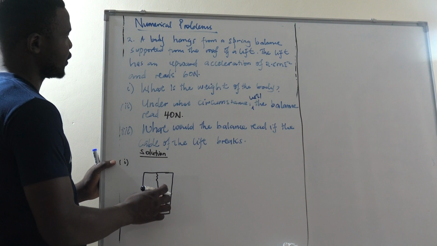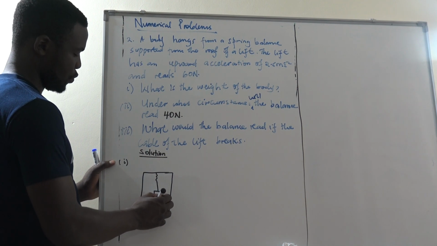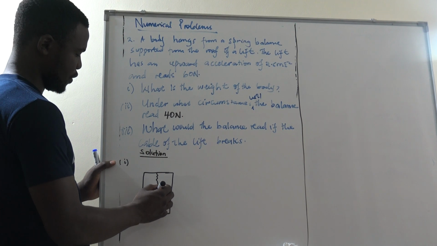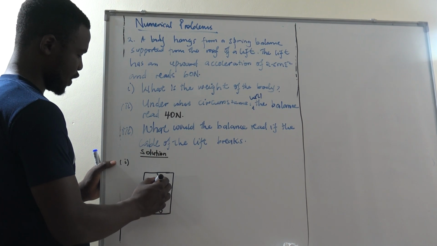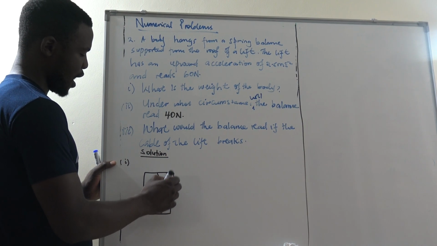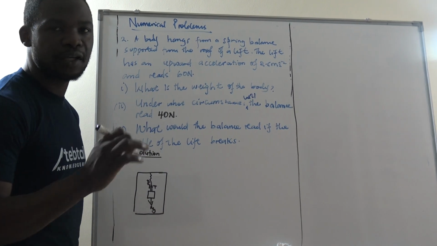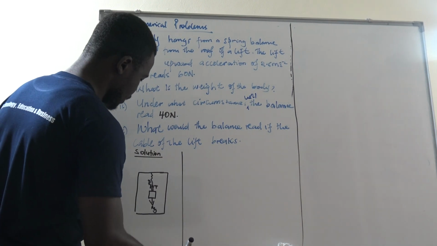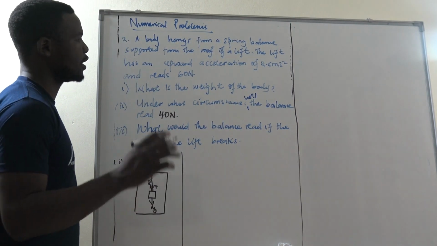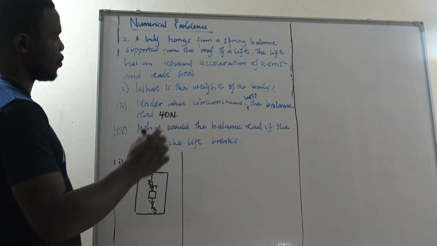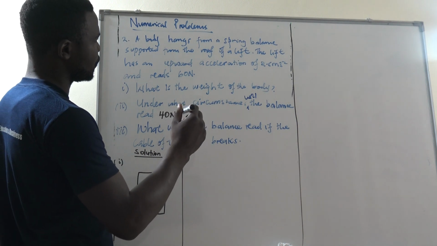There is a body that is hanging, whose weight mg acts downwards, and there is a normal reaction R, which is the same as the tension in the string. It is the tension in the string that is the ballast reading. That one you should know. The tension in the string is the reading that we see from the ballast. They are asking, what is the weight of the body?